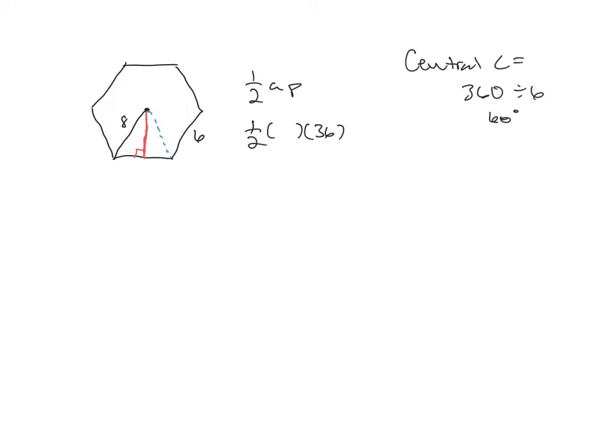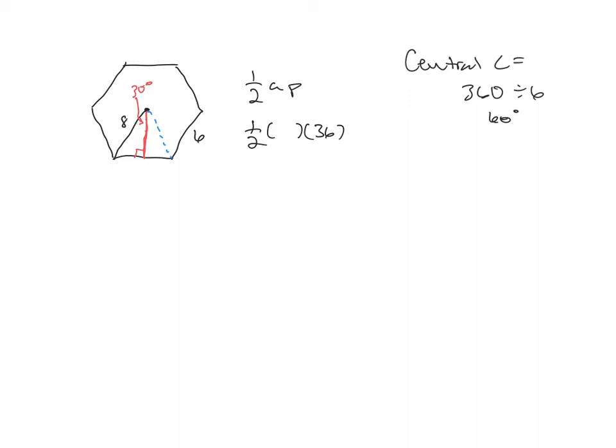But the triangle on the left where the red is, well, I could do two things on this one. It would be 30 degrees. Okay, so let's see, because we're going to do half of it. So it's a 30, 60, 90 triangle. It's a special right triangle.